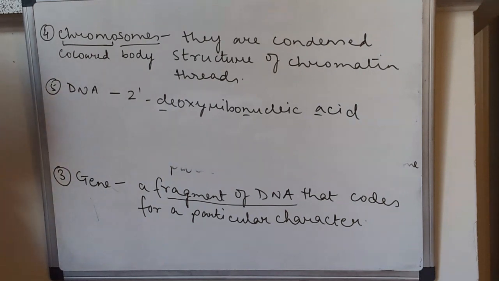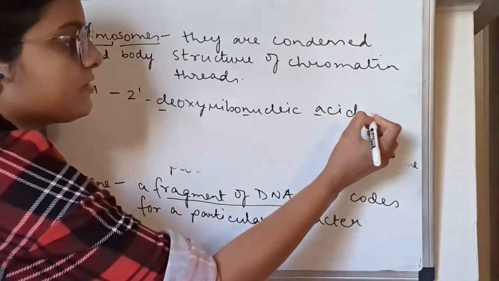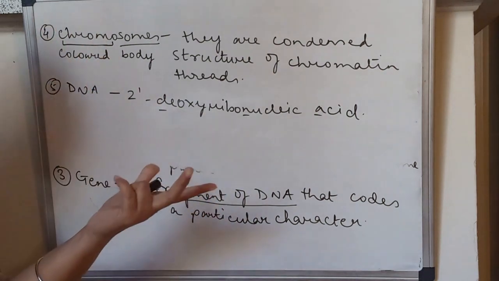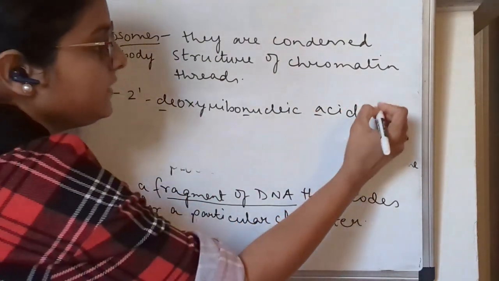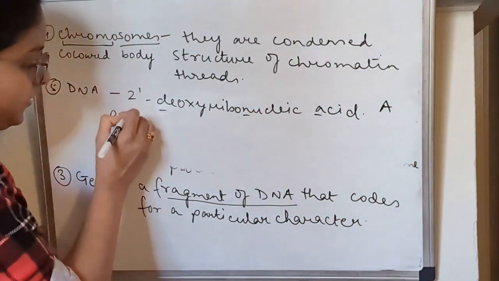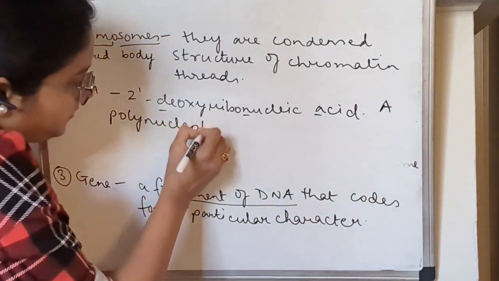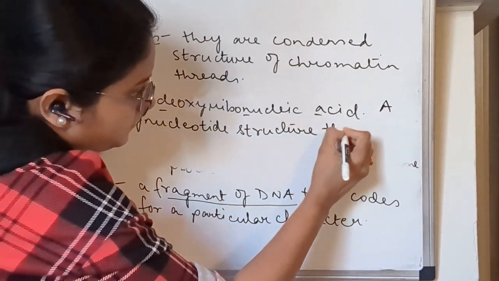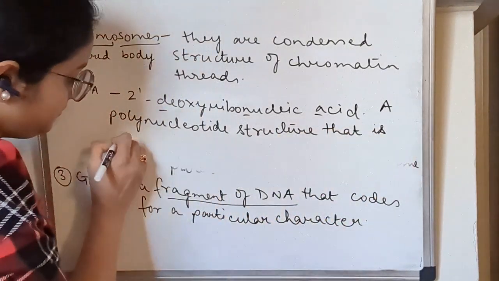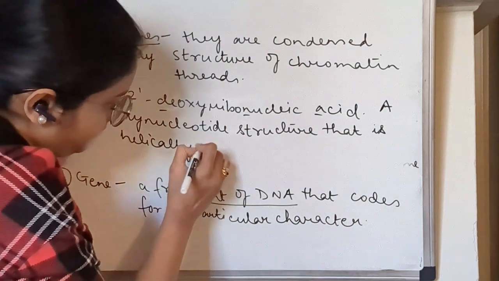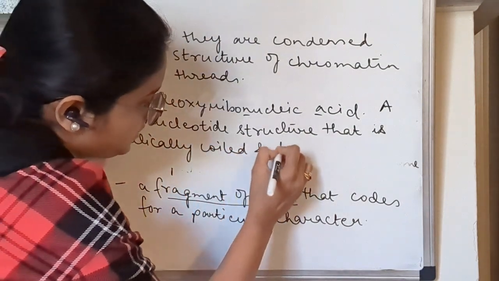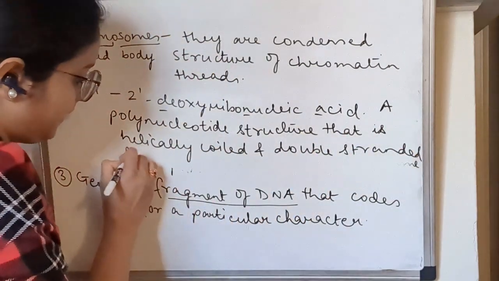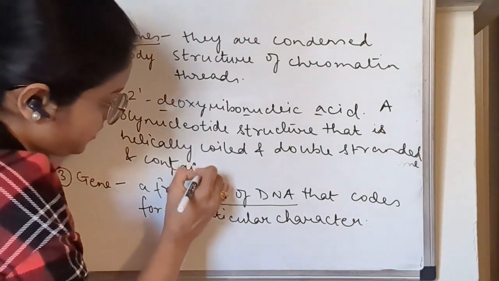It is a polynucleotide structure that is double-stranded, that is helically coiled and contains all the genetic information. Okay? So DNA is a polynucleotide structure that is helically coiled and double-stranded and contains all the genetic information.